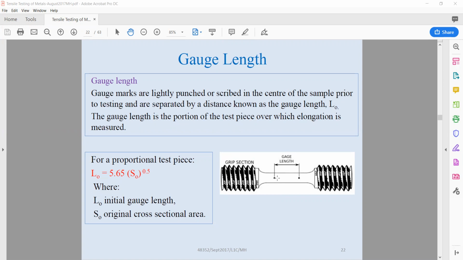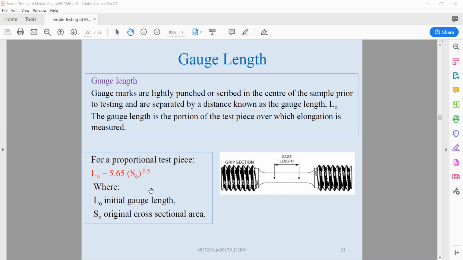The Australian standard recommends using this formula to find the initial gauge length. You take the square root of the cross-sectional area multiplied by 5.65, which gives you the gauge length. Then you go and mark on your sample.